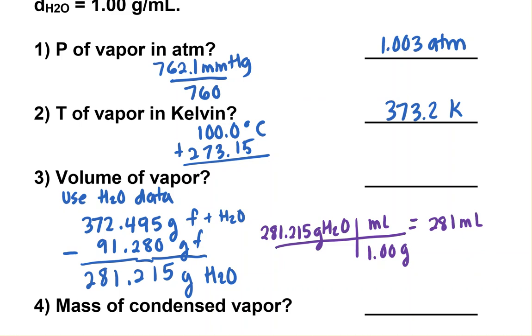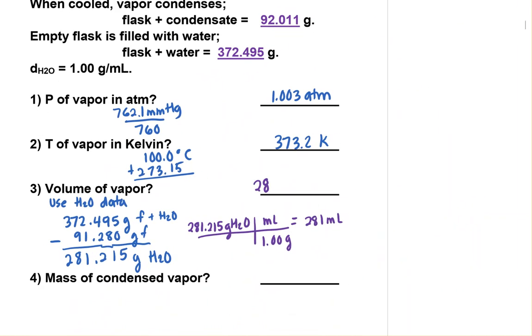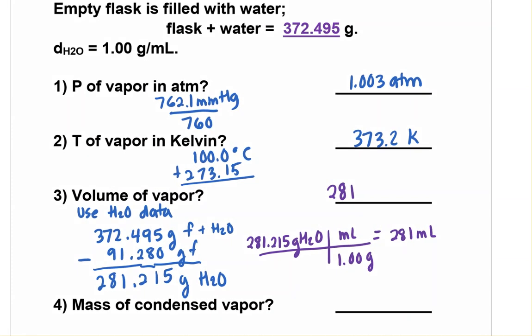Okay, and so that's the volume of the vapor. The volume of the water equals the volume of the vapor. But we're going to need the volume in liters, so let's go ahead and convert that to liters.